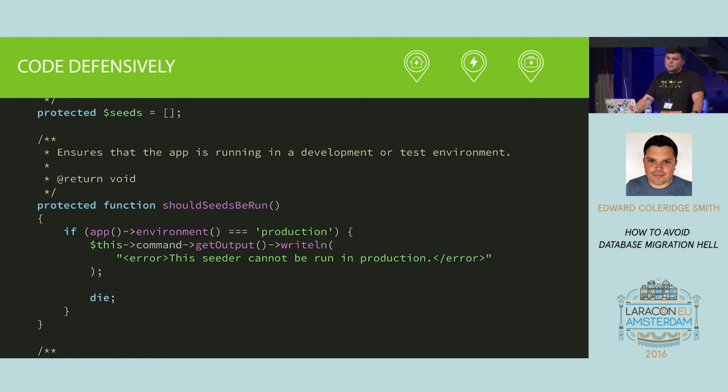If it is, we just output a message saying can't do this, and then kill the application using PHP's die command. That prevents you from, say, calling a development seeder in production and deleting all of your users and replacing them with fake ones from Faker, which would be a pretty bad outcome, I think.